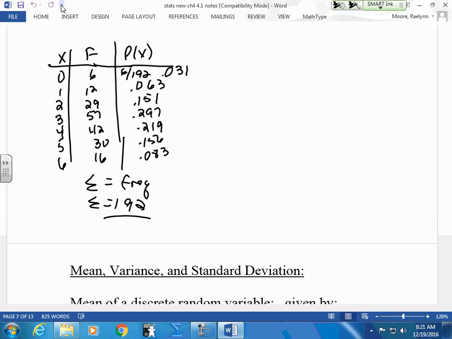Once you get them, add them all up and see if they add up to 1. Why might they not add up to 1? What if we round it?